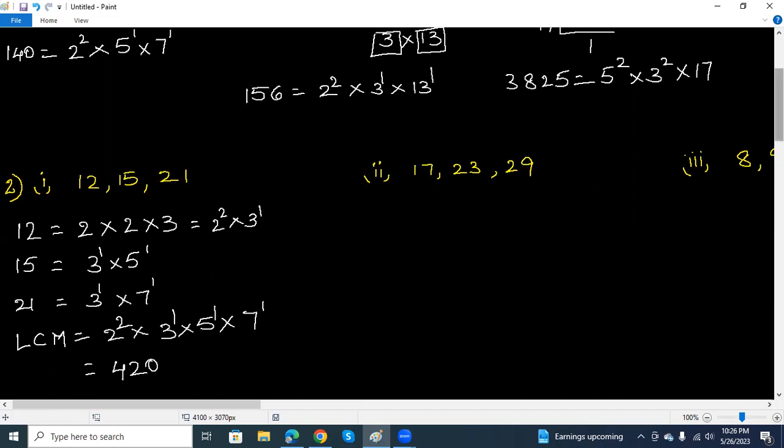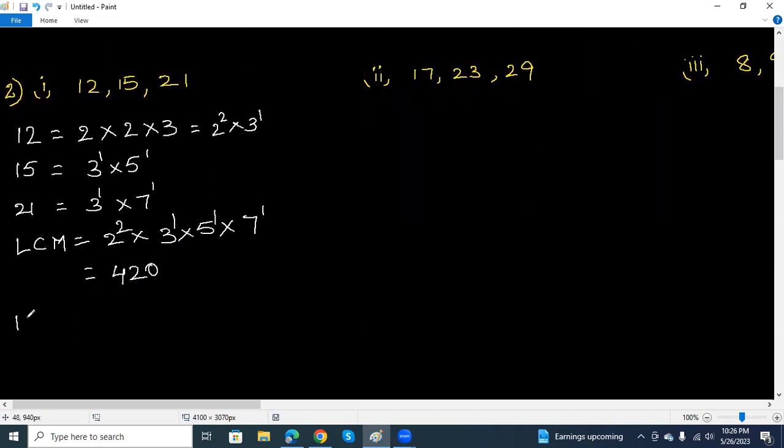Now we need to find the HCF. HCF, highest common factor. So we write the common factors first, then, opposite to the highest, we consider the smallest powers. So what are the common factors? Common factors means the factor should be present in all 3 numbers.